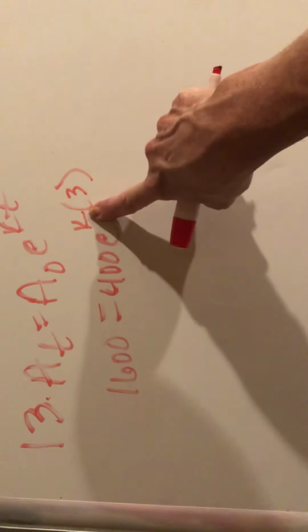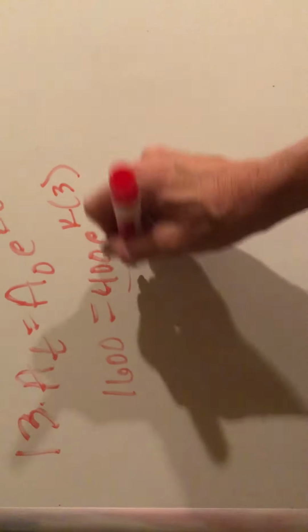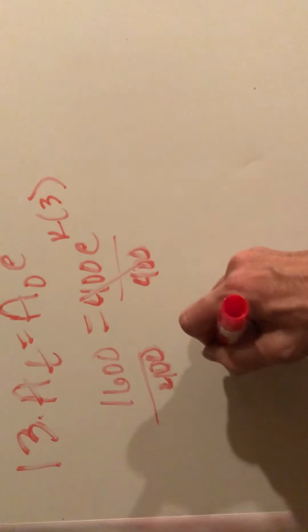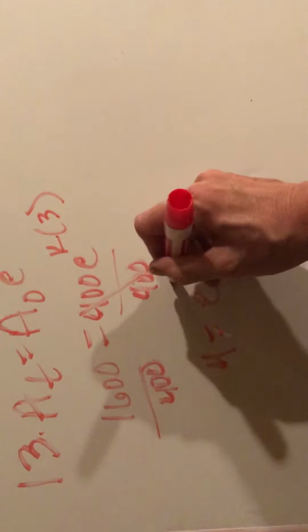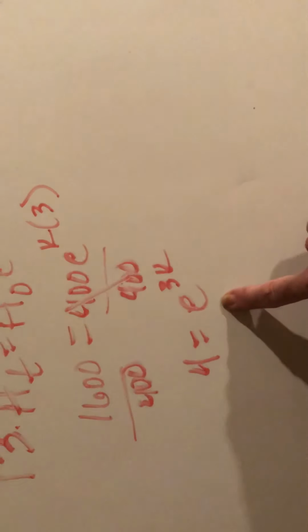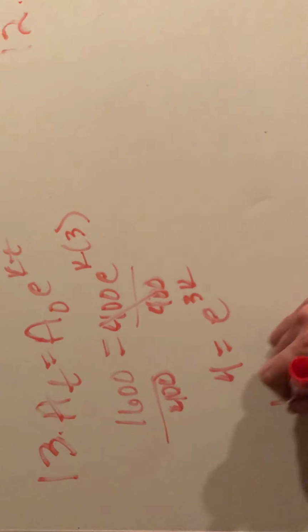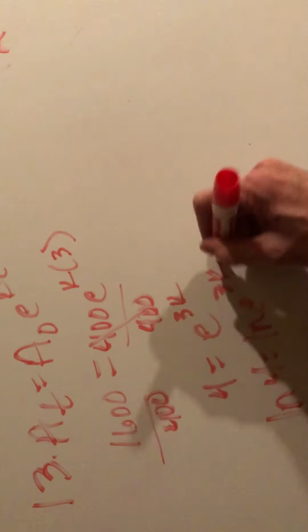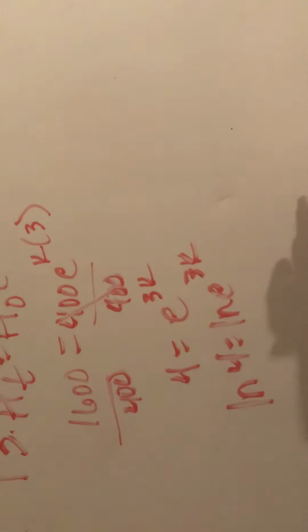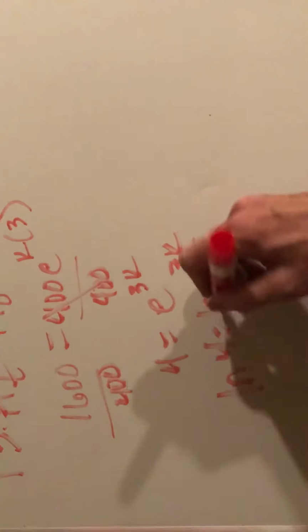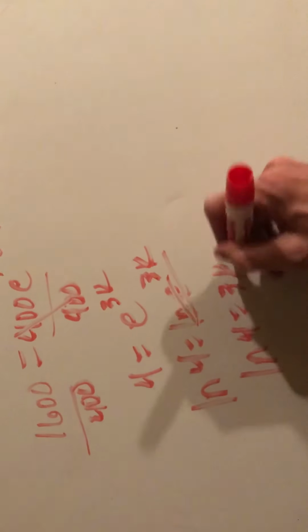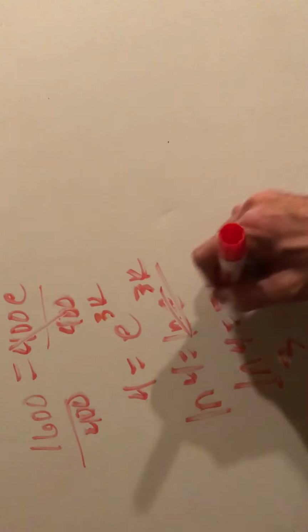And I want to find k, that's always the first thing I have to do. So I'm going to divide both sides by 400. That gives me 4 equals e to the 3k, and then I want to get rid of the e, so I do the inverse operation, which is taking the natural log of both sides. We did a lot of these. So ln e cancels. So ln 4 equals 3k, and then you divide by 3.